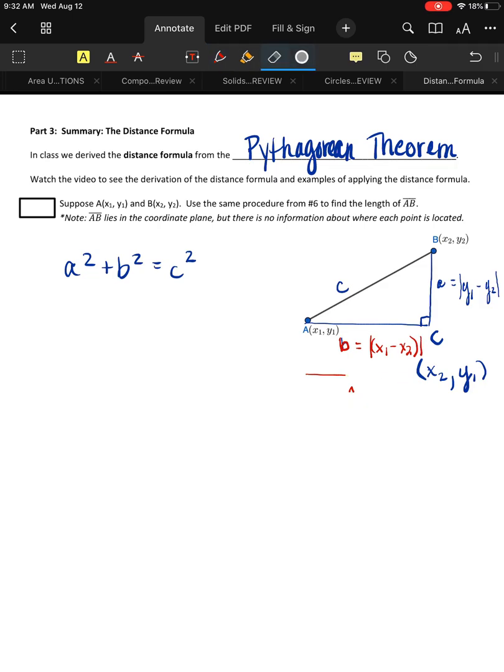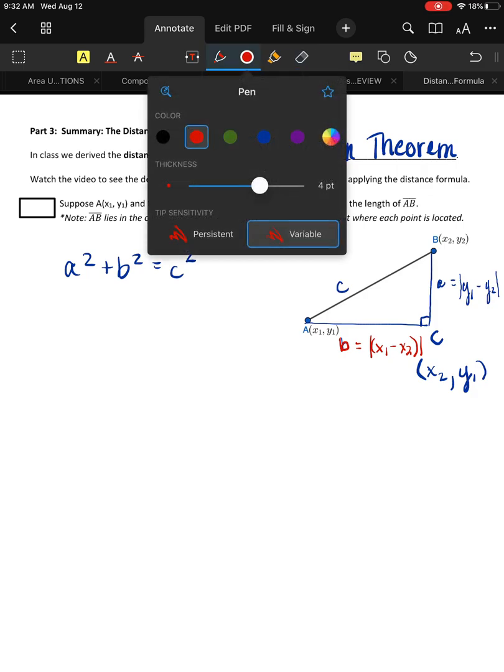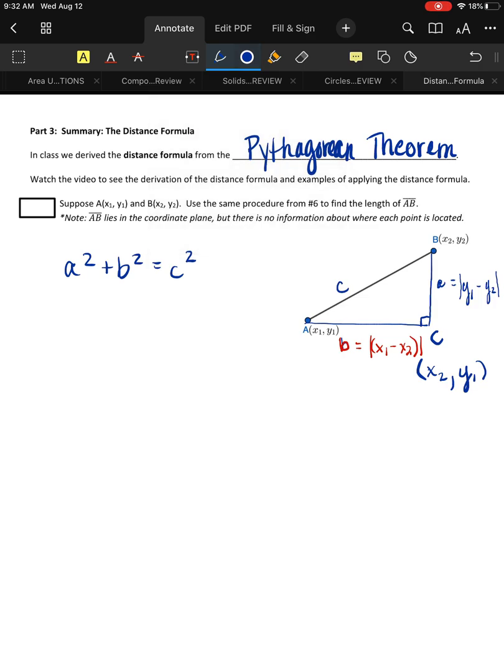So then we're going to use those expressions and substitute into our equation over here. So a squared becomes the absolute value of y sub 1 minus y sub 2, and then we're going to square that absolute value.